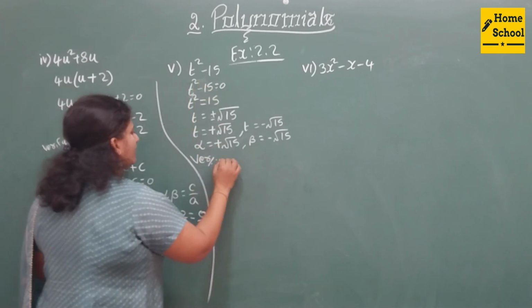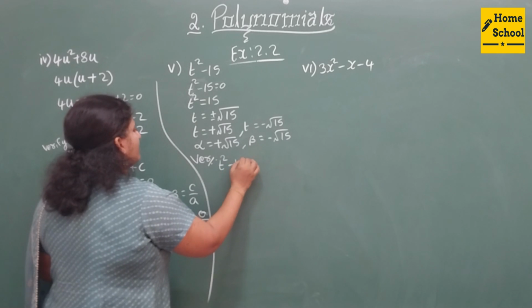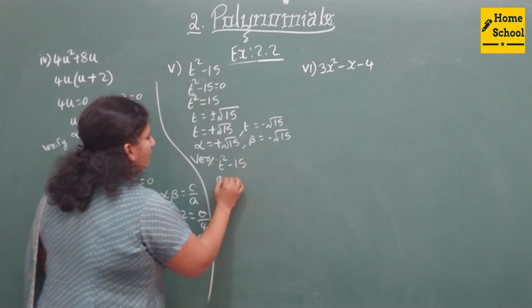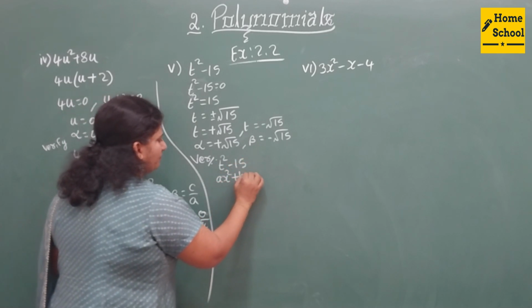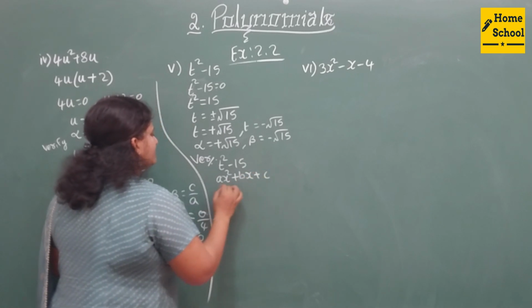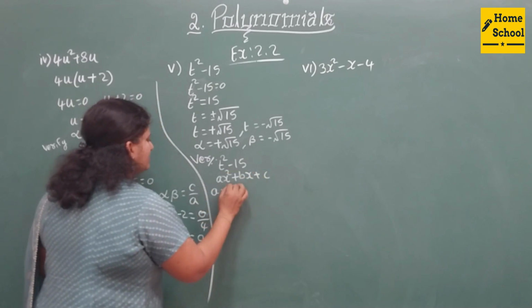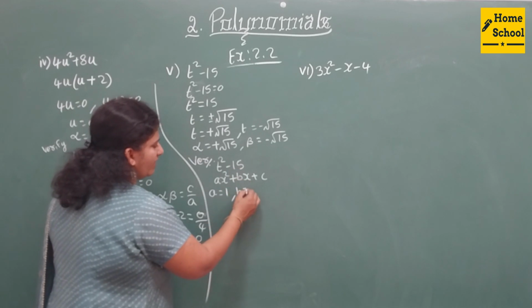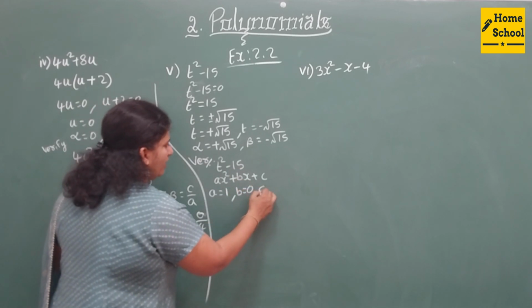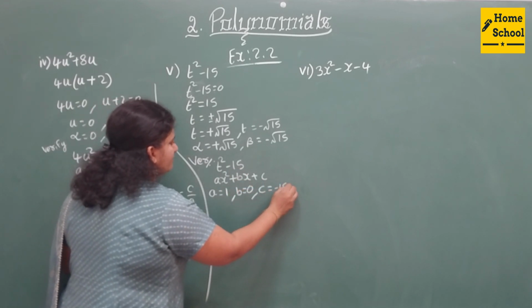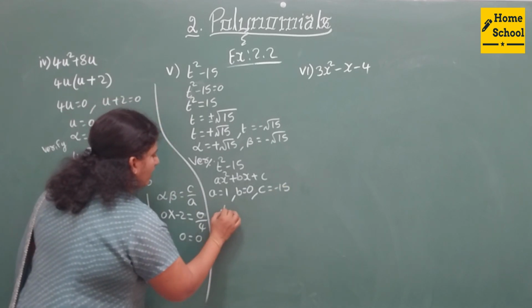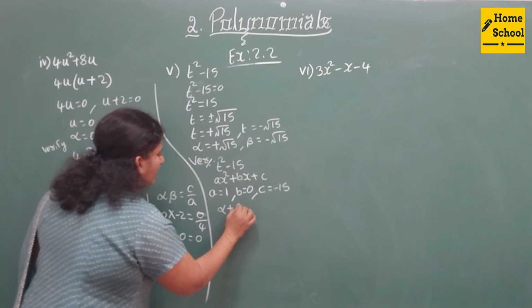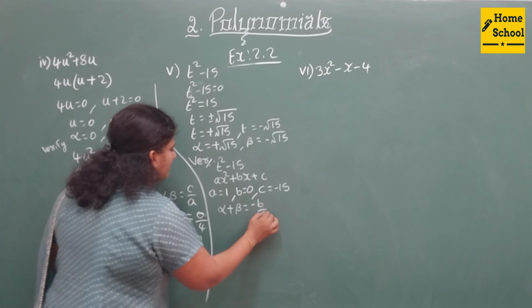First again take the polynomial t square minus 15 and compare with the standard form. What is the a value? a value is 1. Here there is no b value, that is b value is 0, and c is minus 15. Now alpha plus beta is equal to minus b by a.